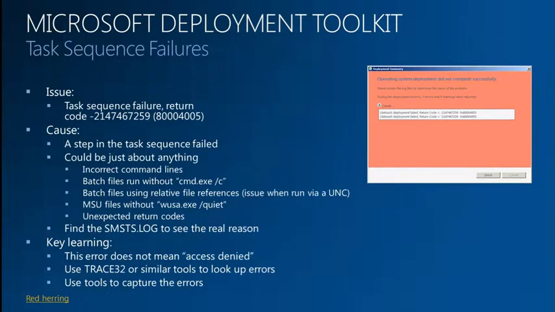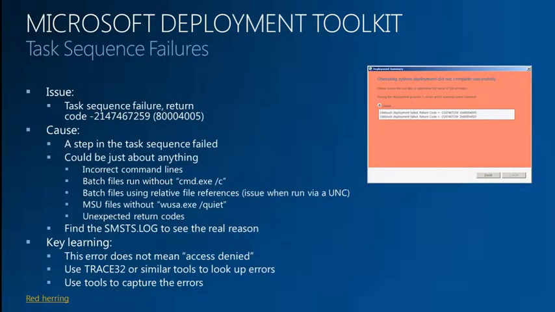Okay, this is an error that I've talked about a lot already. It could mean anything. It just means that it's failed. But there are some common things that cause this. For example, if you want to run a batch file and you don't put cmd /c on the front of it, it won't run and you'll get this error, because it doesn't know what operator to use. If you're running a script like a VB script, you've got to put cscript on the front of that.